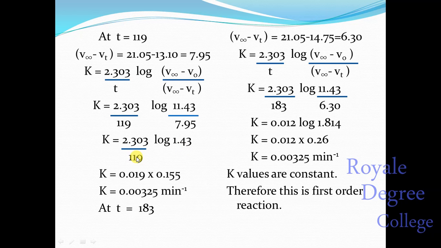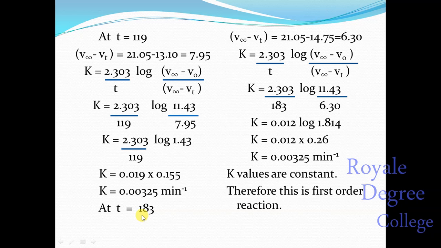Now 2.303 divided by 119, you will get 0.019. It should be multiplied with log of 1.43, which is 0.155. We are multiplying these both values, so we will get the K value as 0.00325 per minute.